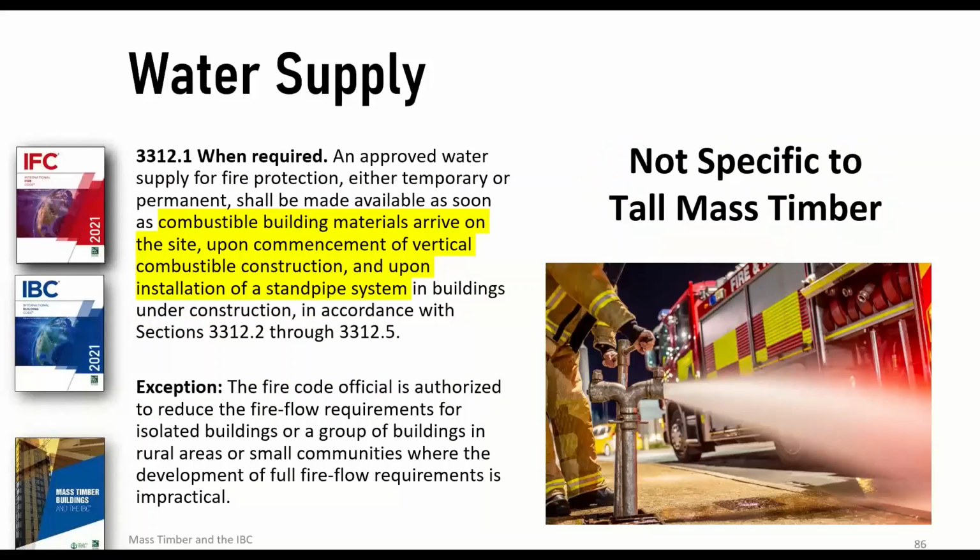The new provisions of the 2021 IFC and IBC provide requirements for minimum water supply for fire flow and for standpipes during construction. While these new provisions were developed separate from the tall mass timber construction provisions, they are nonetheless important for these new construction types as well. And you'll see combustible materials arrive on site upon the commencement of vertical combustible construction and upon installation of the standpipe. These are the triggers.